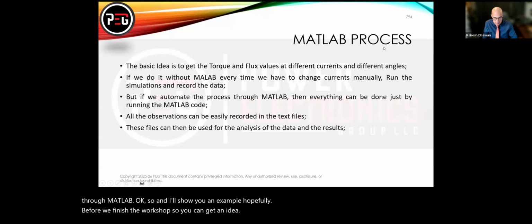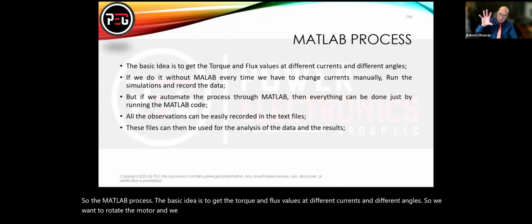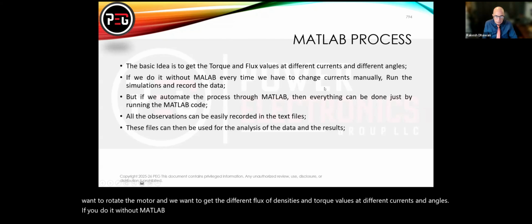The basic idea of the MATLAB process is to get the torque and flux values at different currents and different angles. So we want to rotate the motor, and we want to get the different flux densities and torque values at different currents and angles. If you do it without MATLAB, every time we have to change currents manually, run the simulation, and import the data.